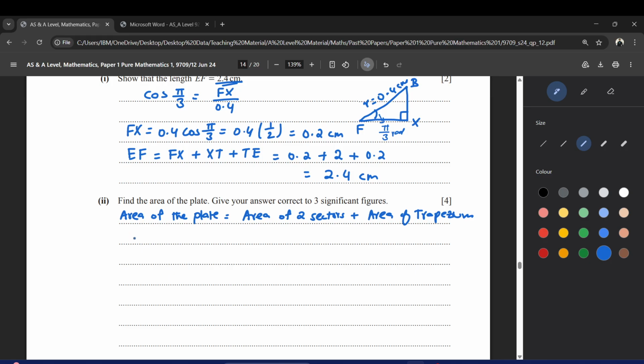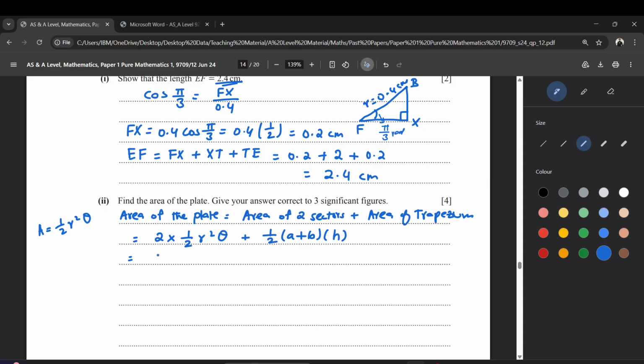Now we know that the area of sector is half r squared theta, when we are doing this in radians. So this would be 2 times half r squared theta, because we are considering two sectors, plus the area of trapezium, which is half into sum of parallel sides multiplied by the distance between the parallel sides, which is h.